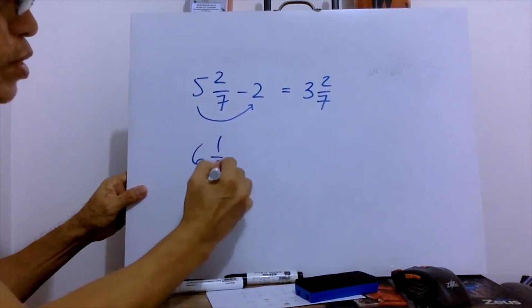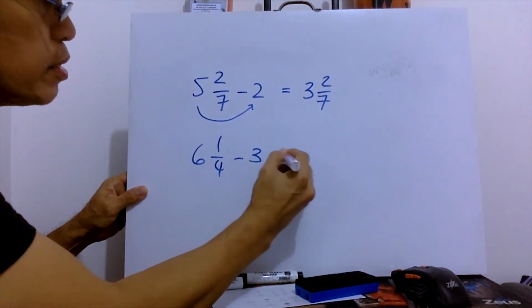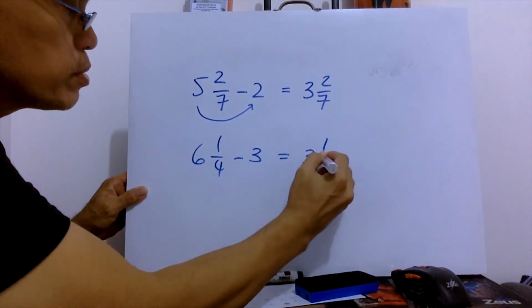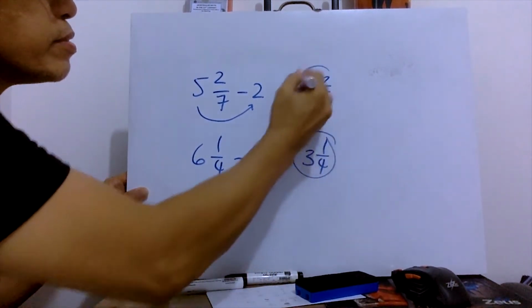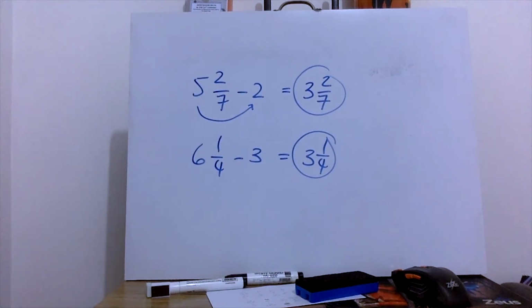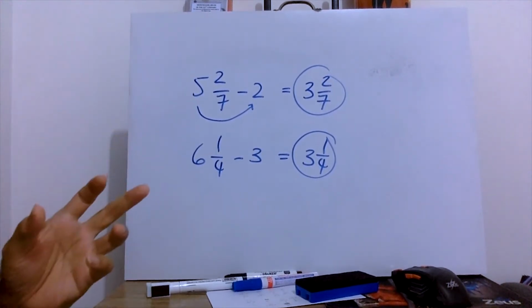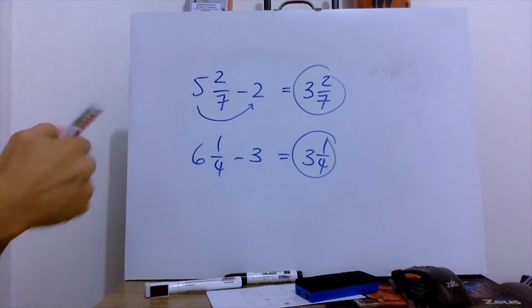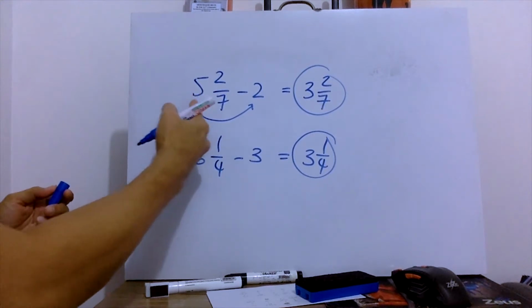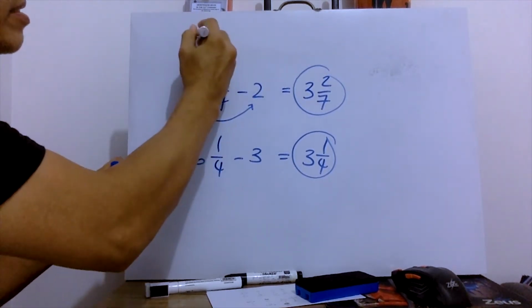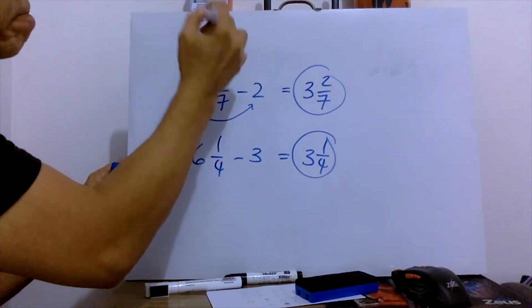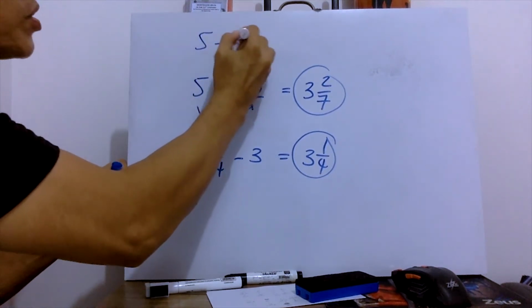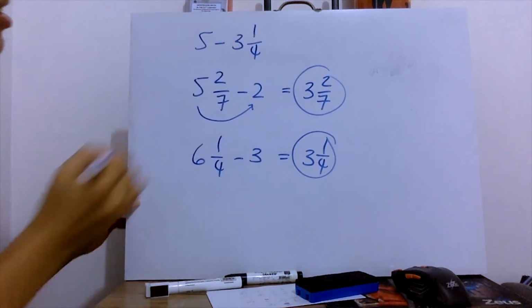6 and 1/4 minus 3 is 3 and 1/4. Simple as that. All right? So it's just a matter of remembering the form. Okay, this one, so easy, just subtract it. But if it's like this, for example, 5 minus 3 and 1/4, it's different.